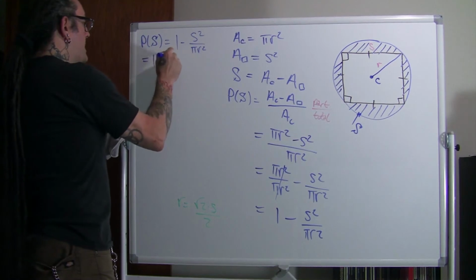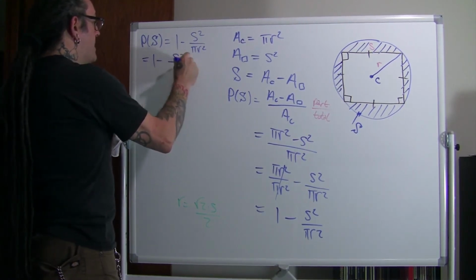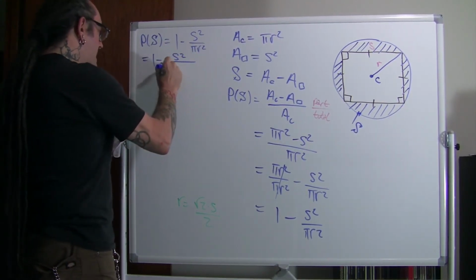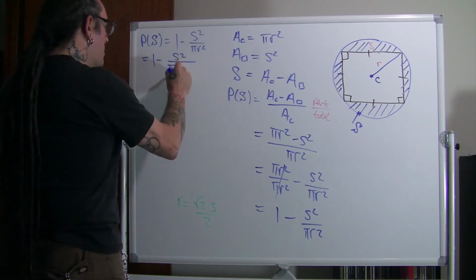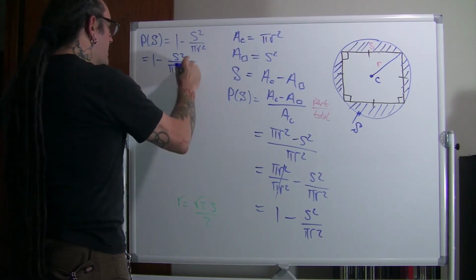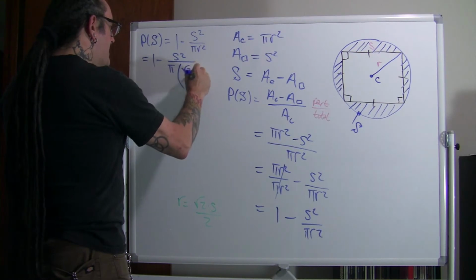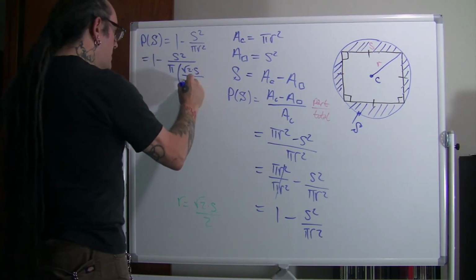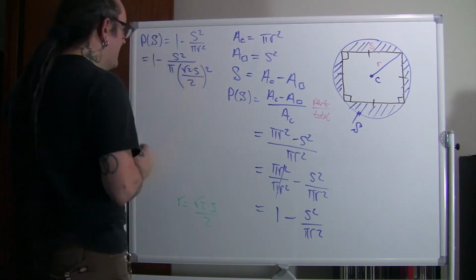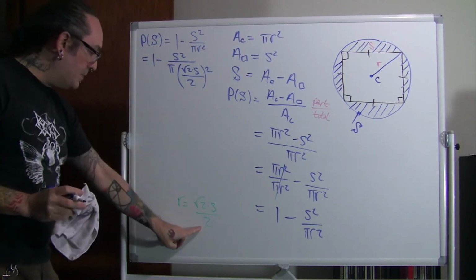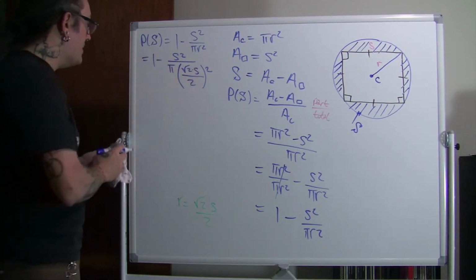Equals 1 minus s squared, and then the bottom is going to be pi times r, so it's going to be this whole thing: square root of 2 times s over 2, squared. This is r, right? So all I did was just straight substitution.